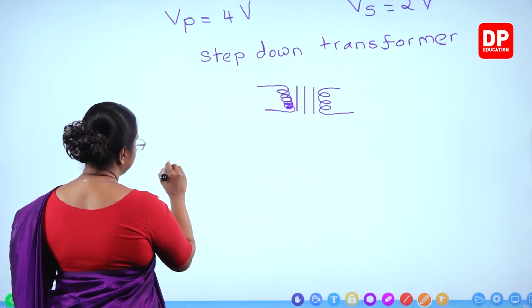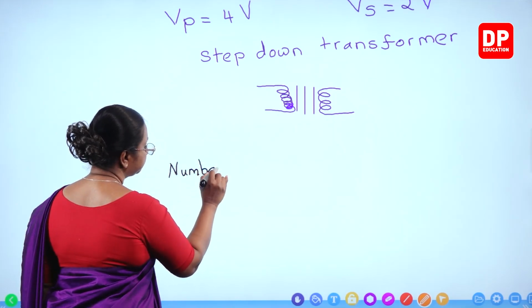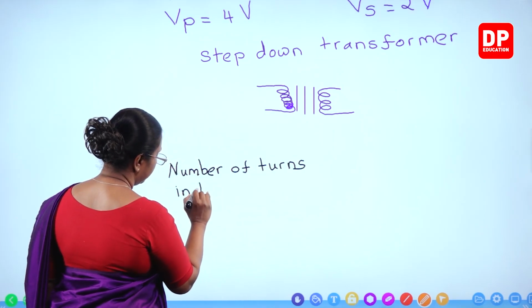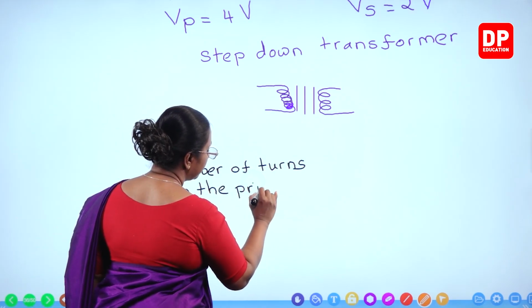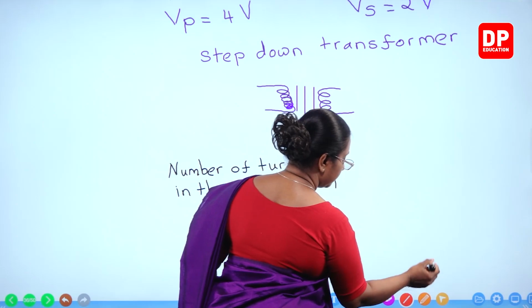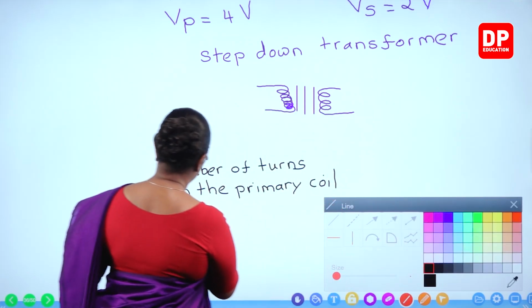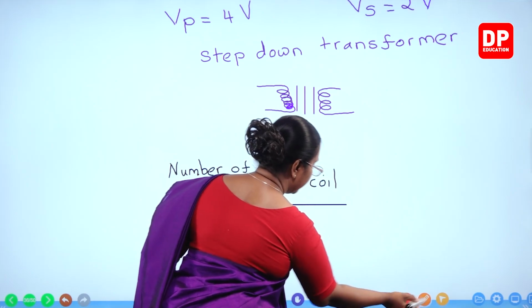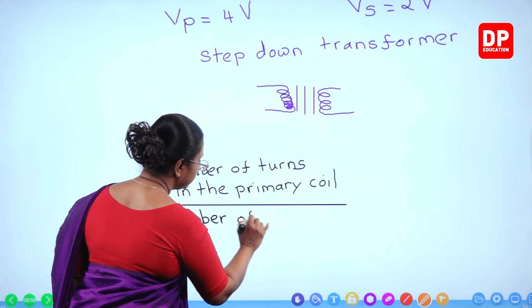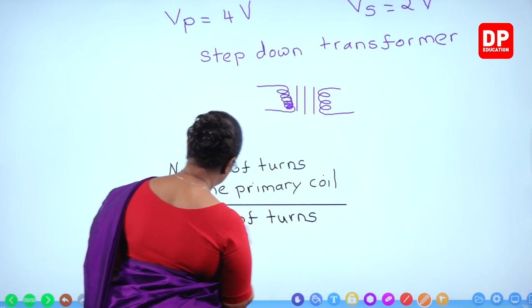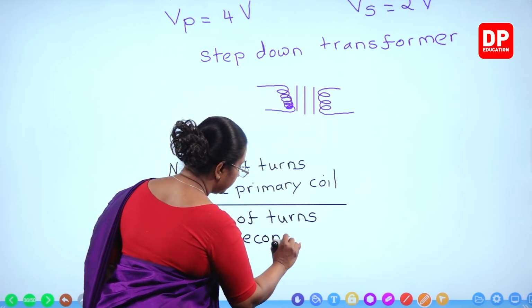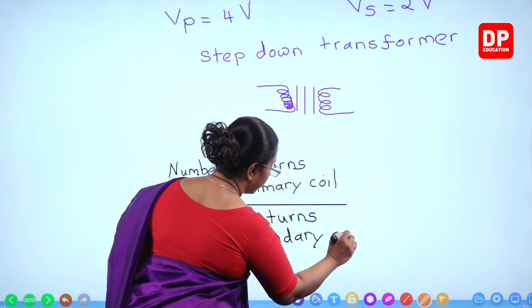That can be written as number of turns in the primary coil divided by number of turns in the secondary coil.